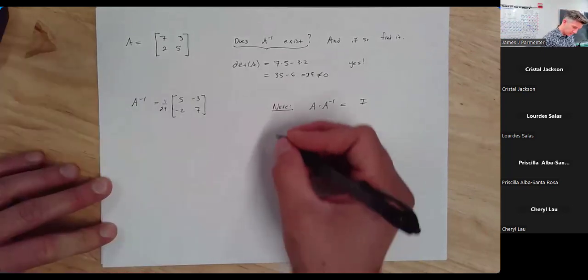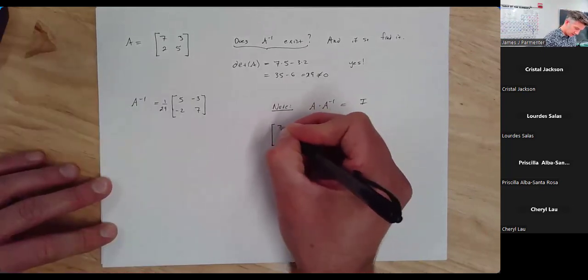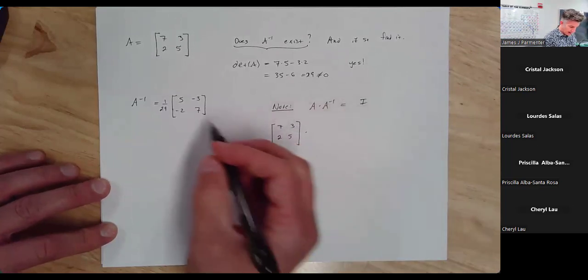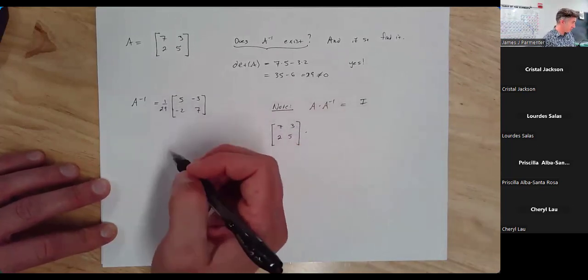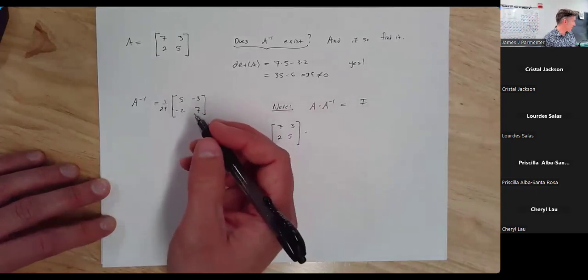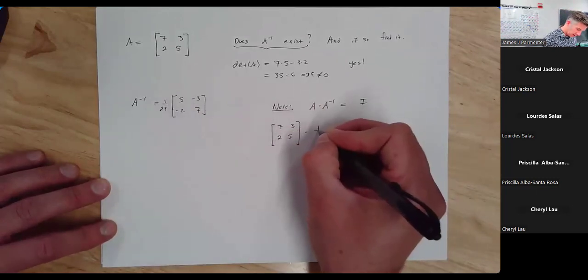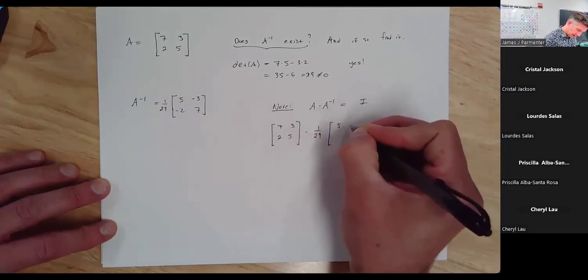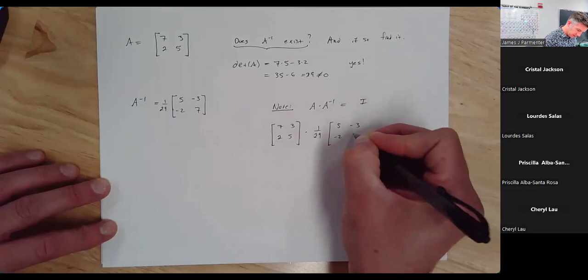So in this case, we have the matrix [7, 3; 2, 5] multiplied by, I don't want to actually multiply the 1/29 through. You can, but I don't think it looks any nicer. I'm going to say it's times 1/29 times the matrix [5, -3; -2, 7].